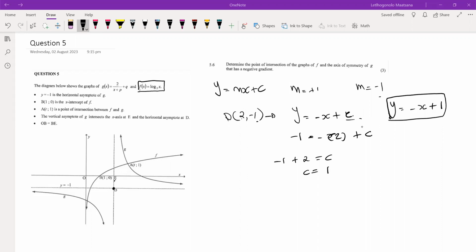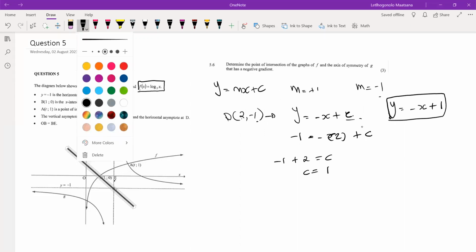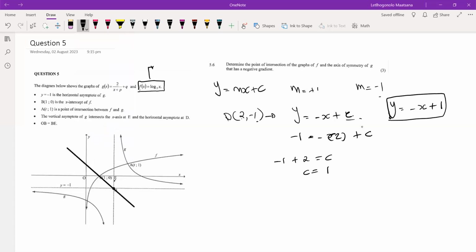But it's something that you can visually see, right? If I have a negative graph in that direction, I should expect it to come over here. And I can see that it might pass 1 and 0. So I know now that my x-intercept for my log graph is going to be 1 and 0.